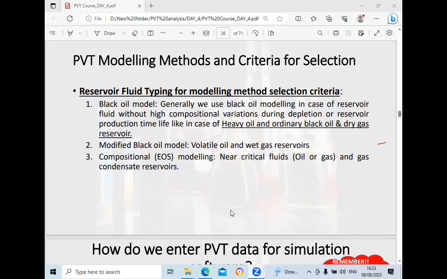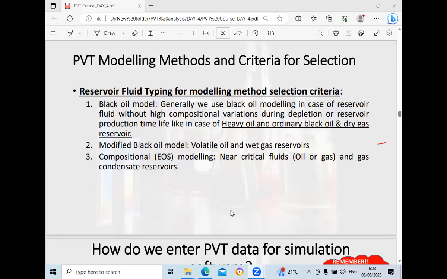Between 3,000 and 4,000 we have a different type of fluid that behave in a similar manner. That means as the pressure is changing, the fluid is now transforming. The fluid is now being transformed because of that change in the pressure and temperature condition. So that is described as fluid typing.